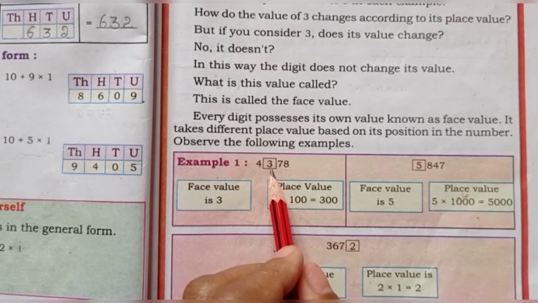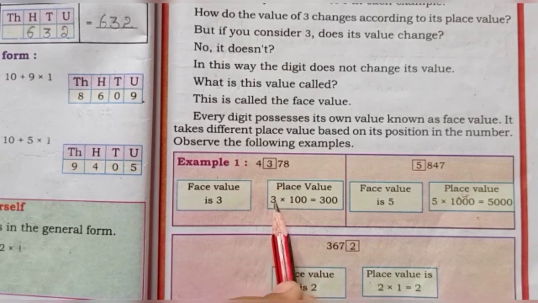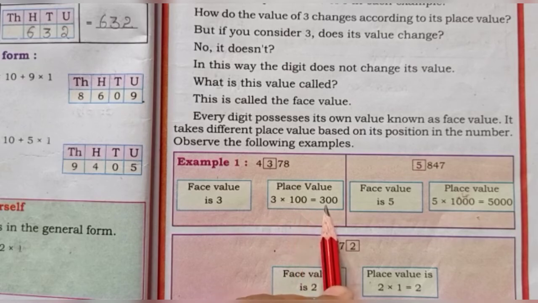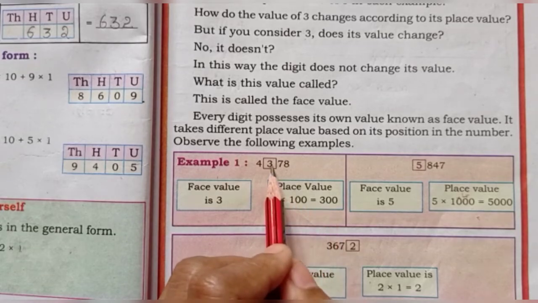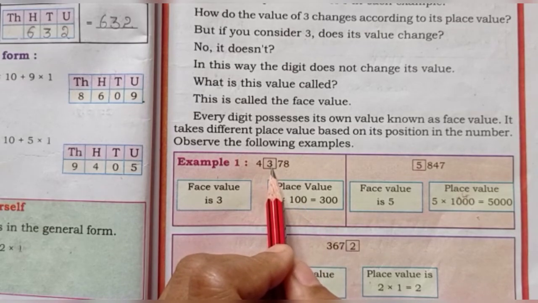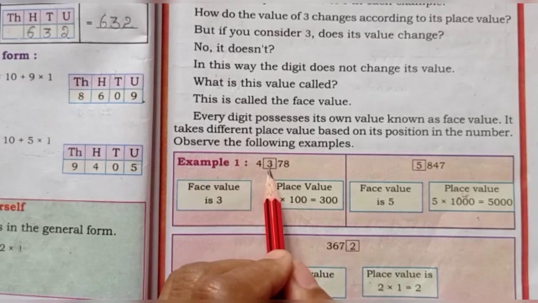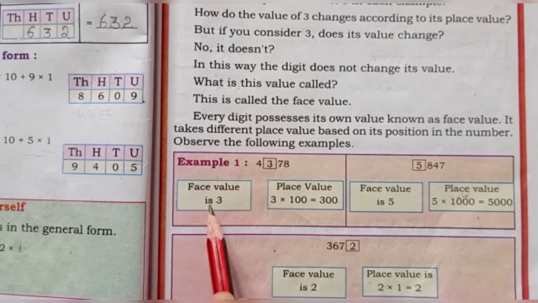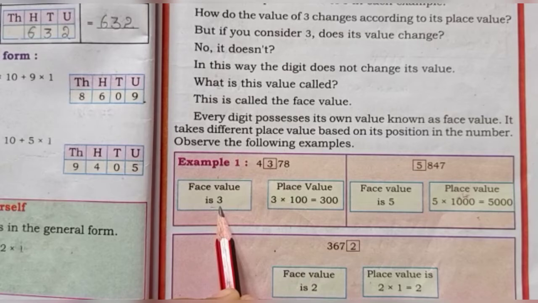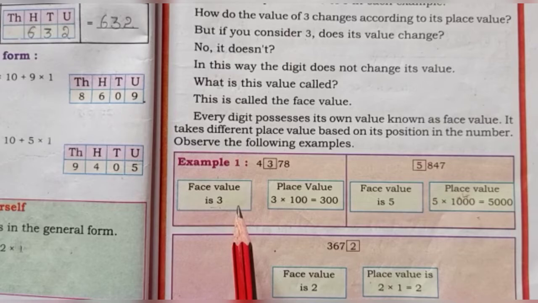So, the place value of 3 is 300. And what is the face value of 3? The face value of 3 is 3. It's based on its position in the number.